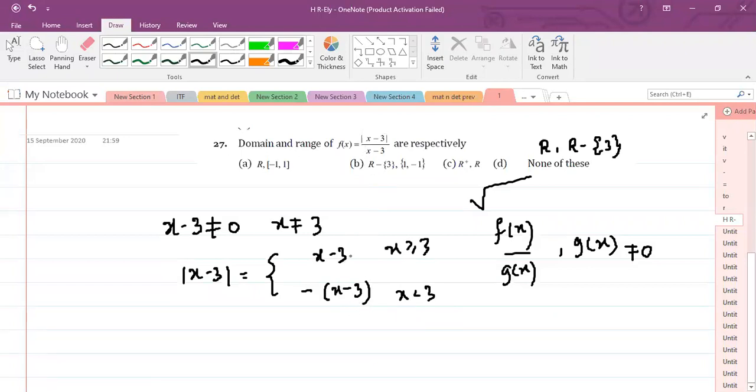Therefore, in this case f of x will be 1, and in this case f of x will be minus 1. Therefore, only two values are possible, either 1 or minus 1. See here, domain is every real number except 3, and range is either plus 1 or minus 1, hence it is option B.